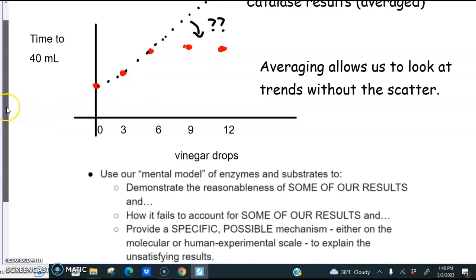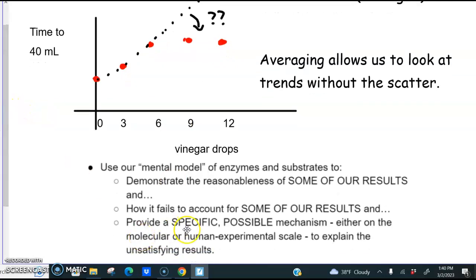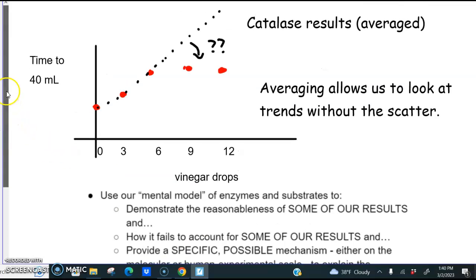And then, and this is the big thinking, can we provide a very specific possible mechanism, either about the molecules itself? Does our mental model need to change, or about the experiment? Was there some lack of control in the experiment that led to problems with larger drops, a larger amount of drops?